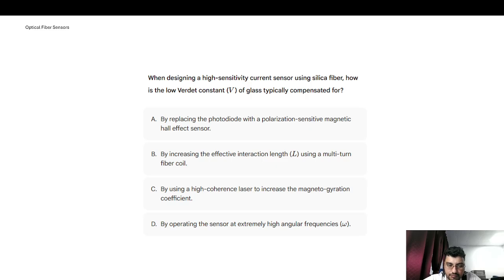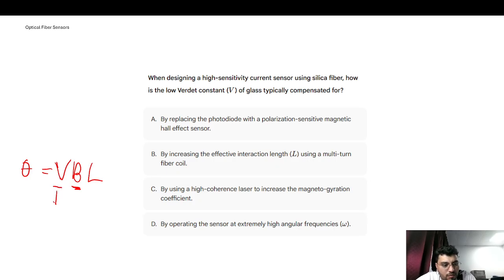Option B, sir. Length of fiber. Yes, we are dealing with the length. You are correct. If we are talking about theta, which is V, B, and L, we know that B is constant, or we are going to sense it.